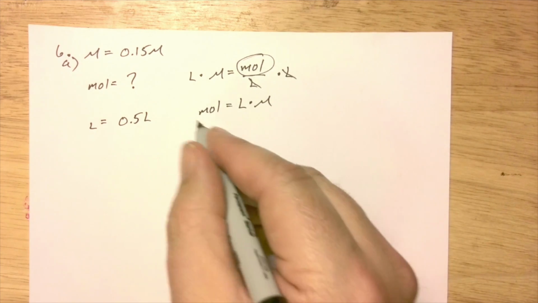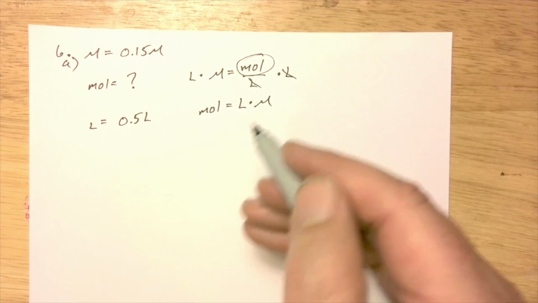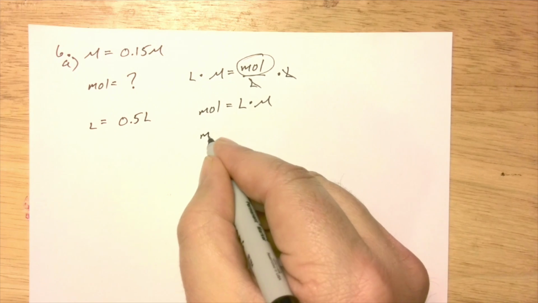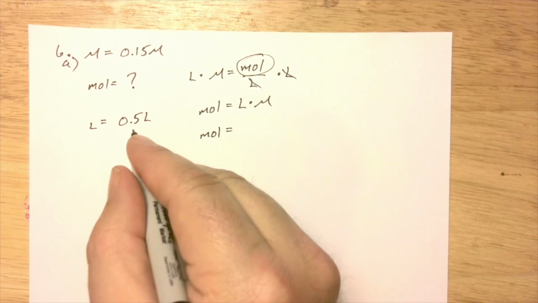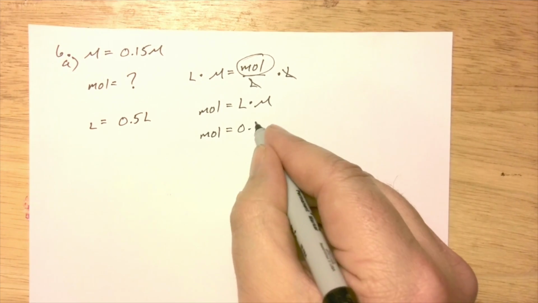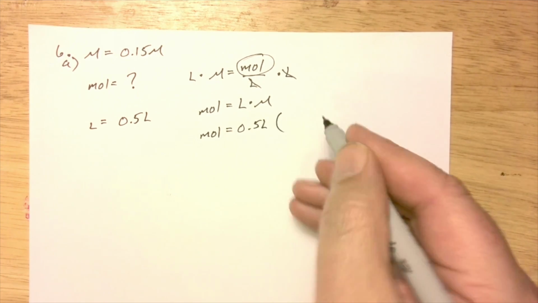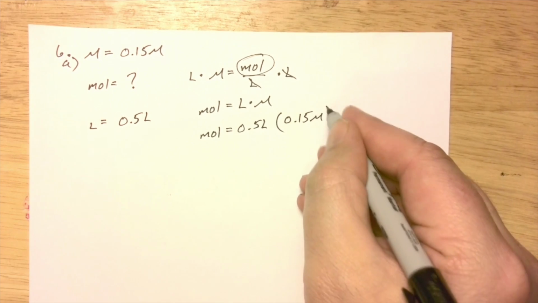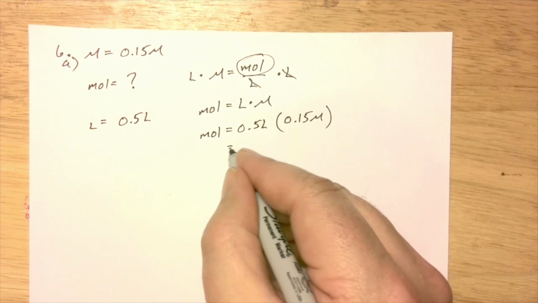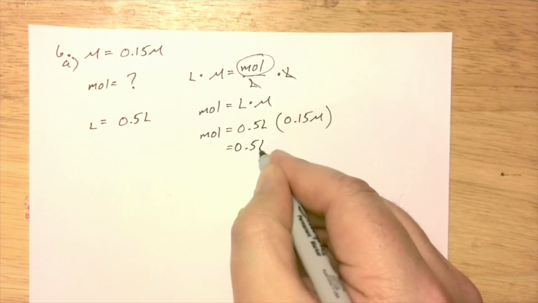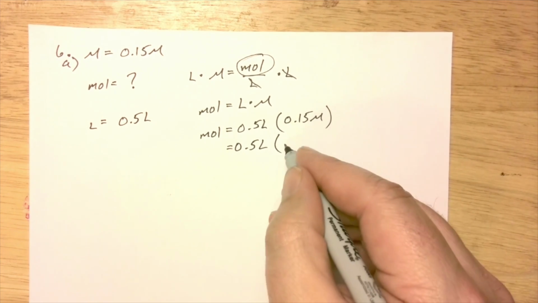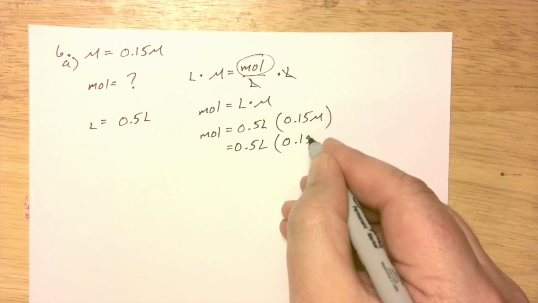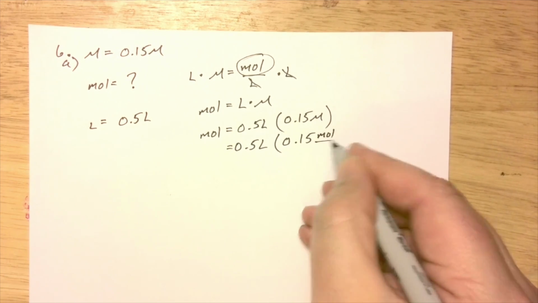So we're just going to plug those two values in. Moles is equal to 0.5 liters times the molarity, 0.15 molar. And again, the molarity is actually 0.15 mole per liter.